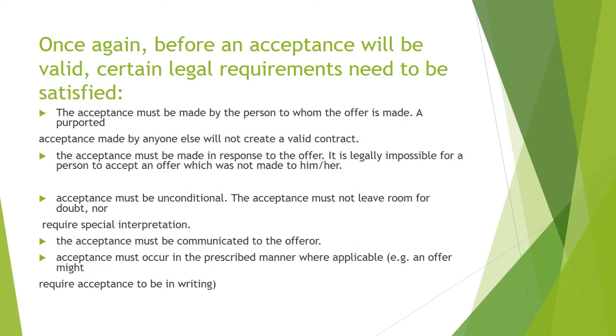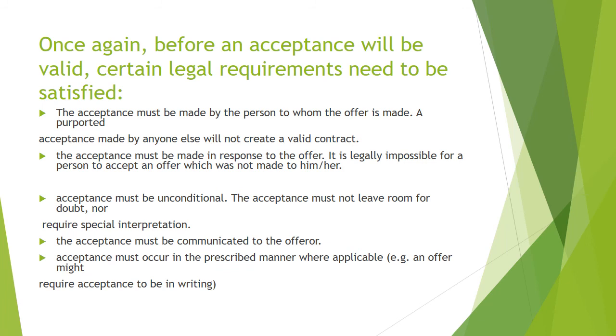Are we together? So an acceptance must be unconditional, right? The acceptance must not leave room for doubt or require special interpretation. So it must be clear that you are accepting this offer. How is it clear? By signing and entering into that agreement: I, the undersigned, do hereby agree to the terms as set out in the abovementioned contract, and I will abide by each one of them.